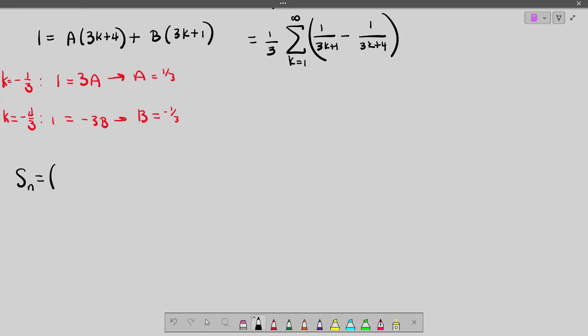Is that what you see? Yeah. 1/4 minus 1/7 plus, now let's plug in a 2, and I see a 7th minus a 10th. And then let's plug in a 3, and we get a 10th minus a 13th.